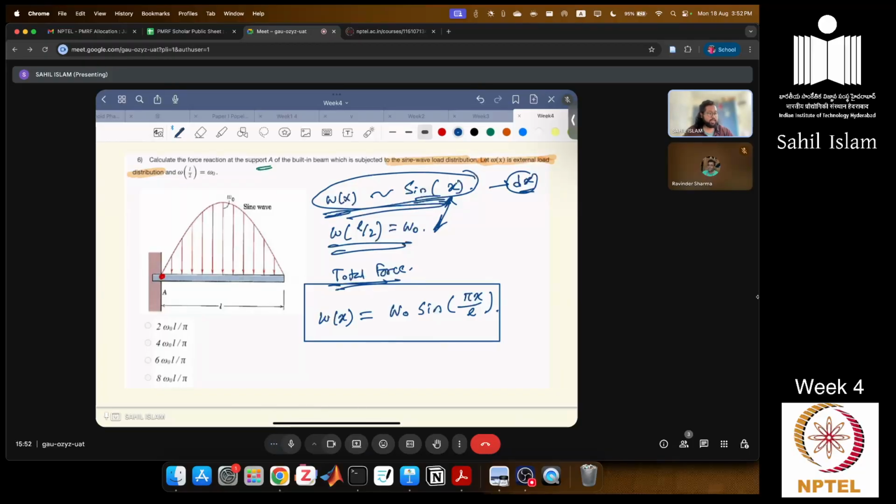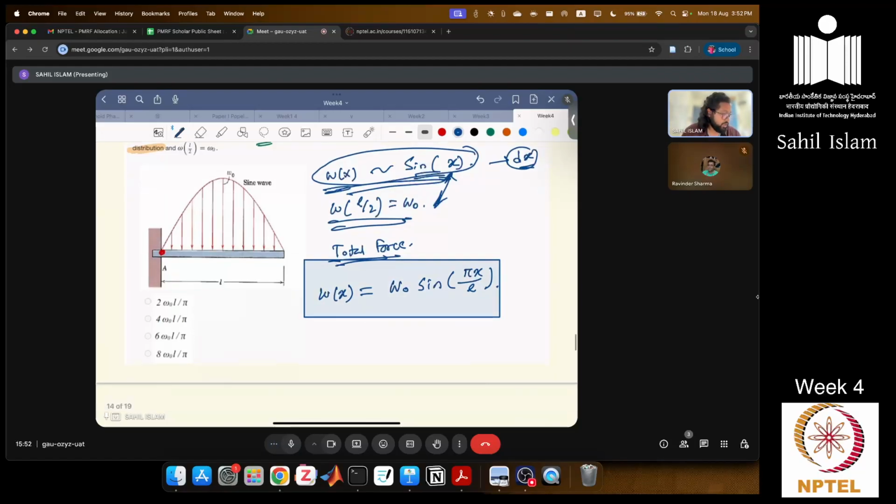Otherwise you can take any kind of form and get it. I'll explain what I'm trying to say. Our hint is we have to have omega at L by 2 equal to omega 0. Let's see whether this is satisfied. At x equal to L by 2, omega 0 sine pi L by 2L. So L cancels, sine of pi by 2 is 1, which gives omega 0, which is satisfied.